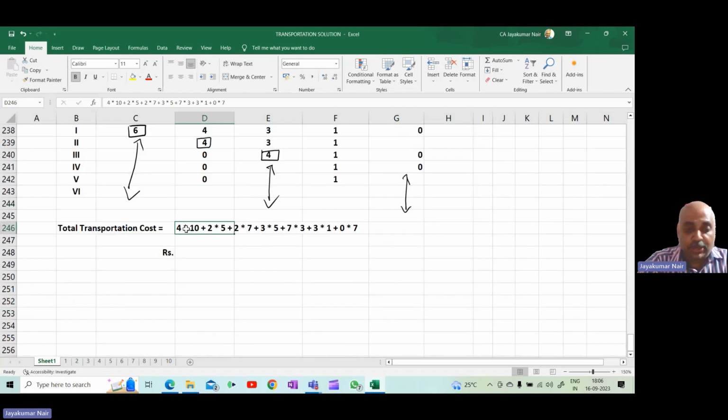So what is the transportation cost? It is 103 is the transportation cost.